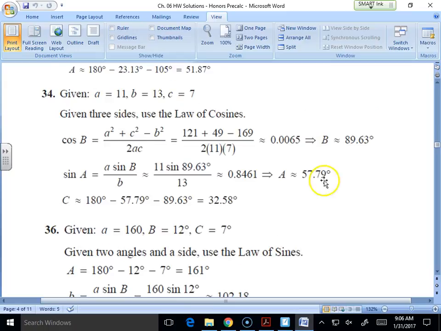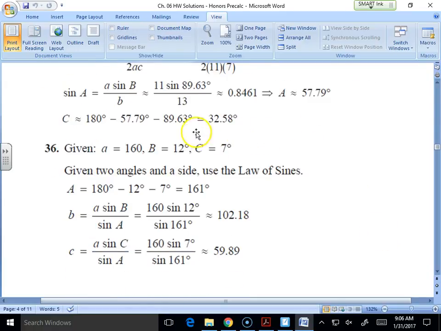Number 34. Angle B is 89.62 something. Angle A is 57 point something. Angle C is 32 point something. Number 36. Since it was 2 angles, they said law of sines is way easier.